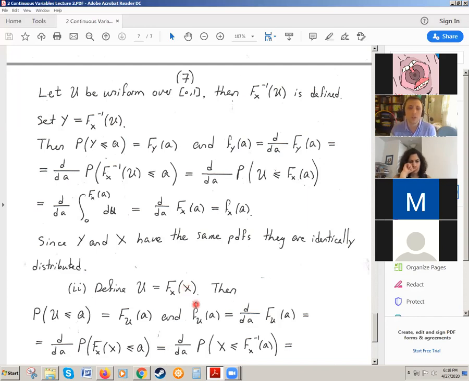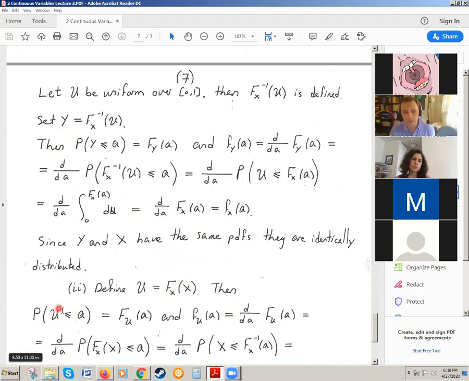And how do you do that? Well, you just take x and apply to it its cumulative distribution function. So you create this variable and you label it as u. This variable clearly ranges between 0 and 1, because the function will produce results between 0 and 1. So u is already correctly bound between 0 and 1.